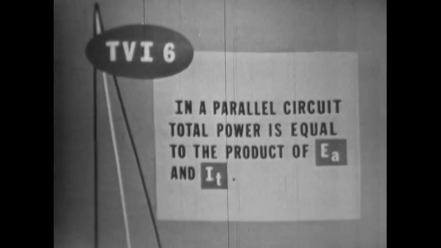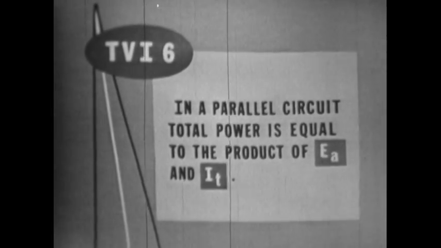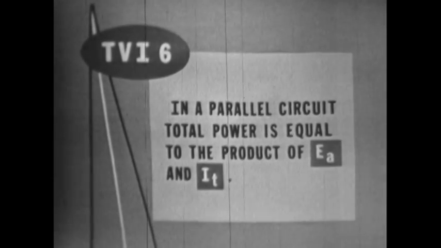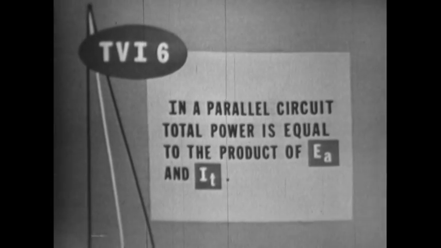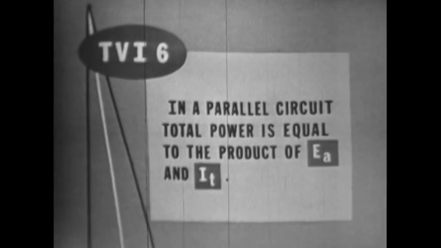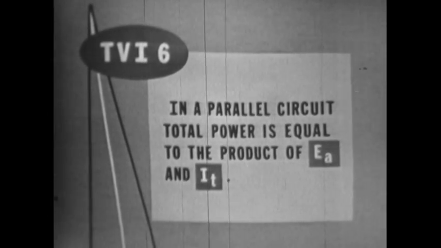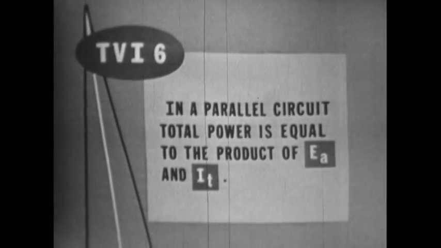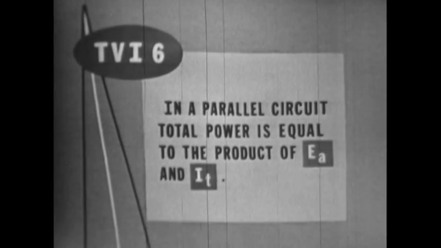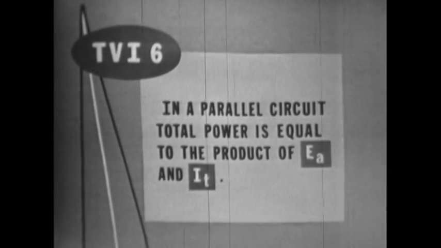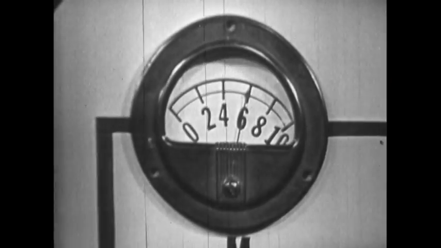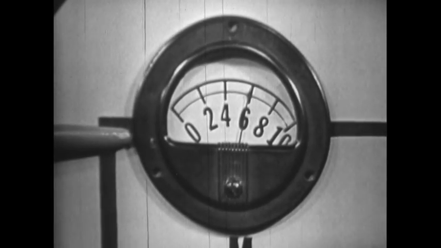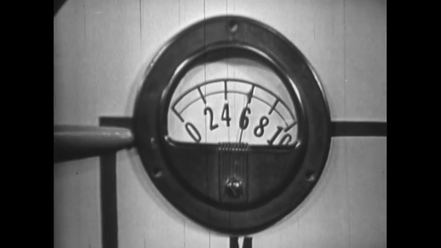We also know that in a parallel circuit, total power is equal to the product of the applied voltage and total current. In this circuit, meter 4 indicates that total current is 6 amps.